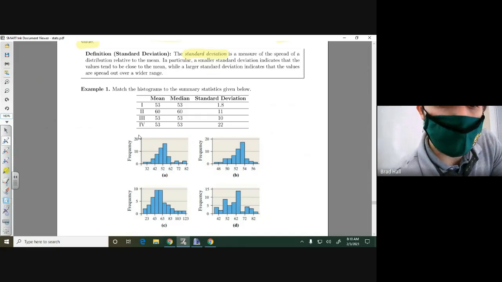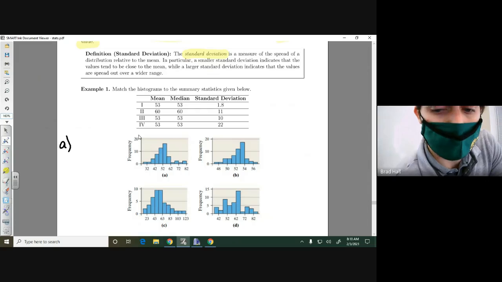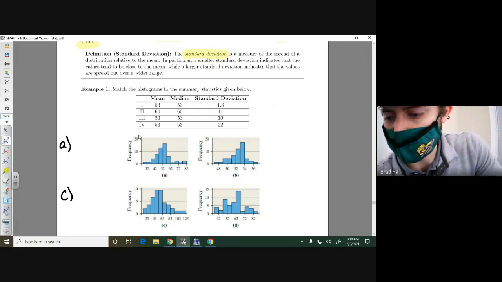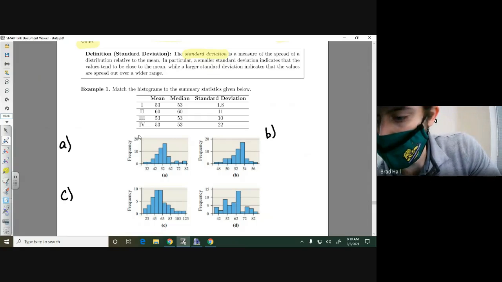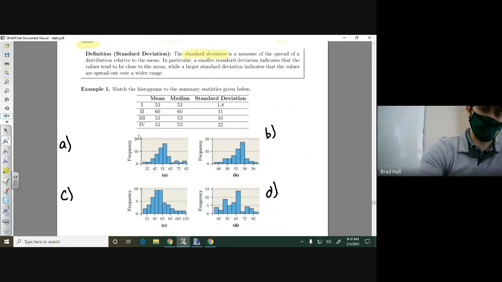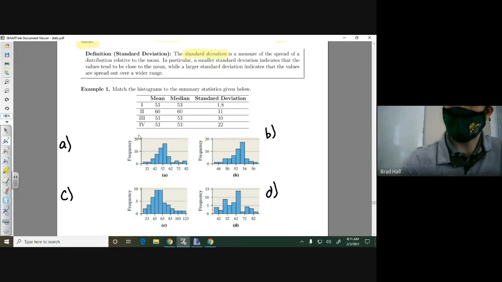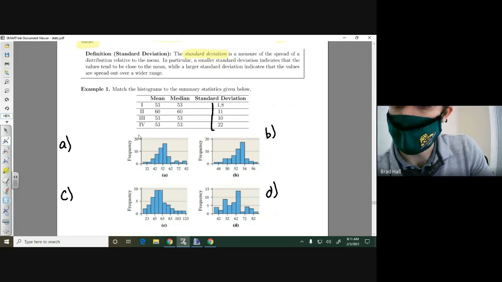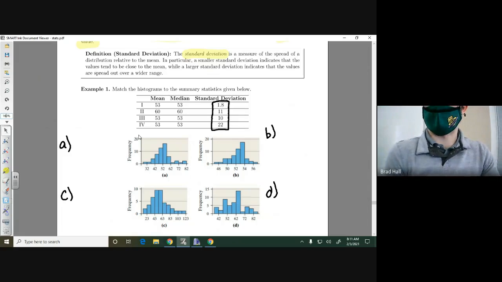A is going to correspond to 1, C is going to correspond to 1, B, and D. Notice how some of the standard deviations are wildly different from the others. There's a standard deviation that's really, really small, the 1.8. What does that mean? It means that the values are going to be really close to the mean.